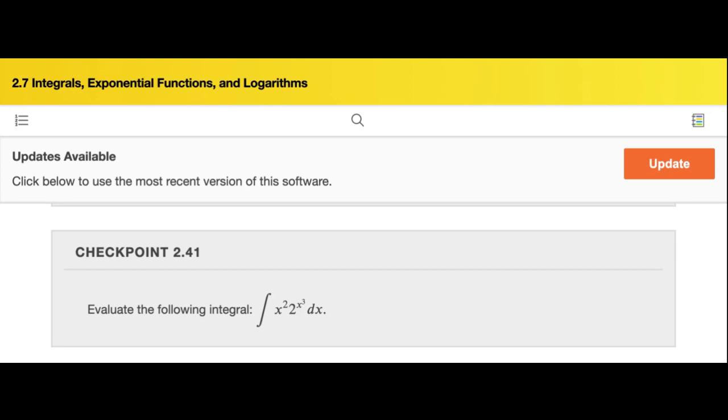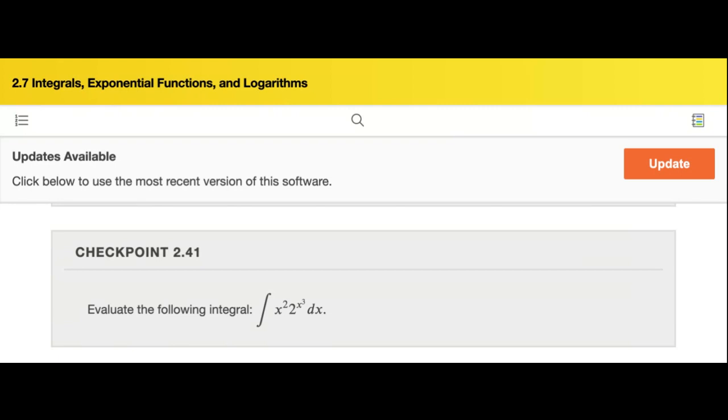Let's see if this makes sense. Plus c. So 1/3 divided by ln 2. Right, I should use parentheses. So 1 over 3 ln 2 multiplied by 2 raised to x cubed plus c.